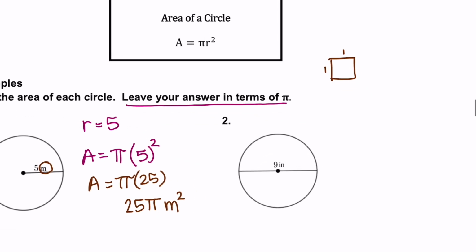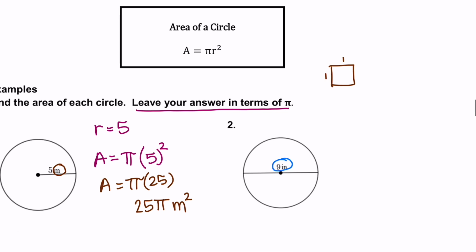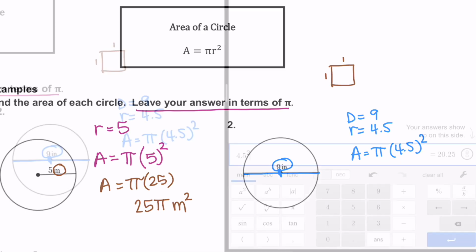Let's look at number 2. This time they do not give us the radius, they give us the diameter. If the diameter is 9, that would be the distance across the whole circle. Half of that would be the radius. The radius would be 4.5. To find the area, I'm going to have pi times my radius, which is 4.5 squared.